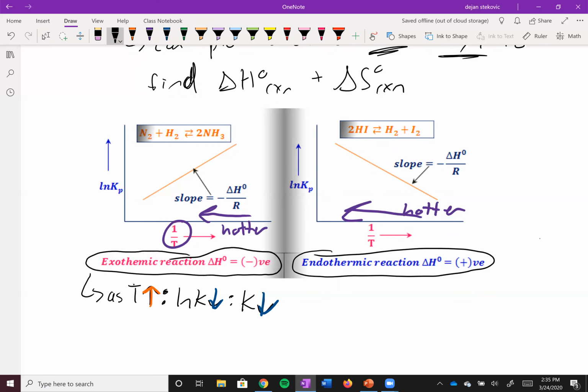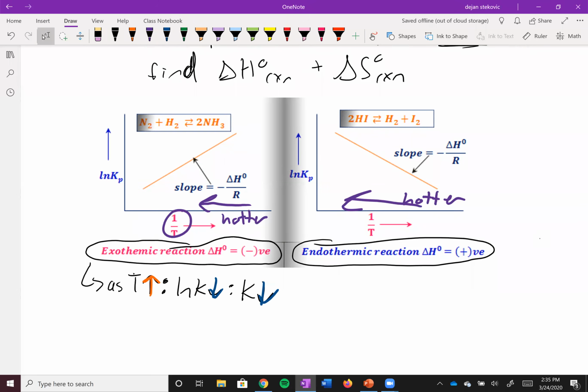So exothermic reactions are less and less likely to lead to products as it gets hotter and hotter, less and less likely to become spontaneous. And then vice versa for over here, as temperature increases, your ln of K actually increases, and so your value of K actually increases.